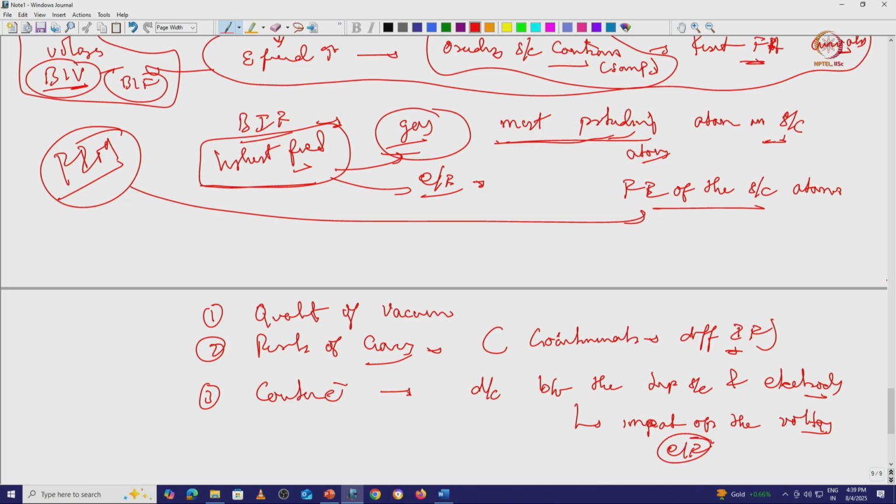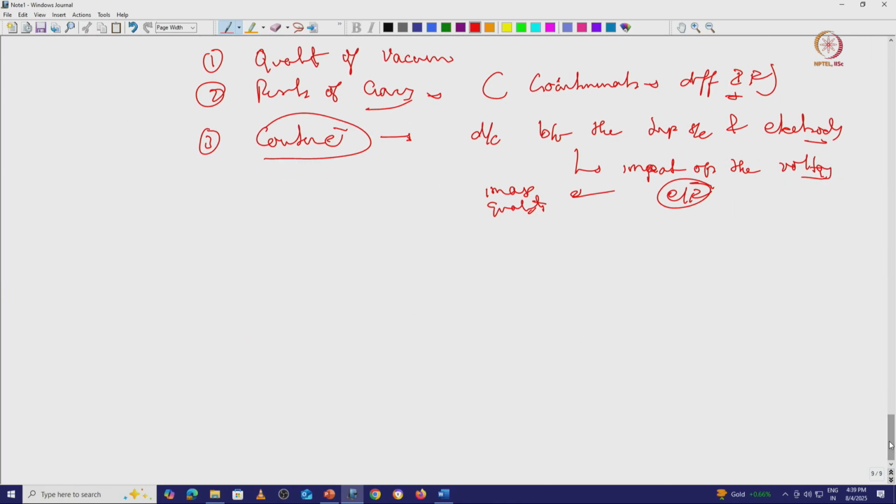Okay. So this is the role of the counter electrode. This will have a direct impact on the image quality. So these are the other three factors which we have to take care of for getting a good image quality.